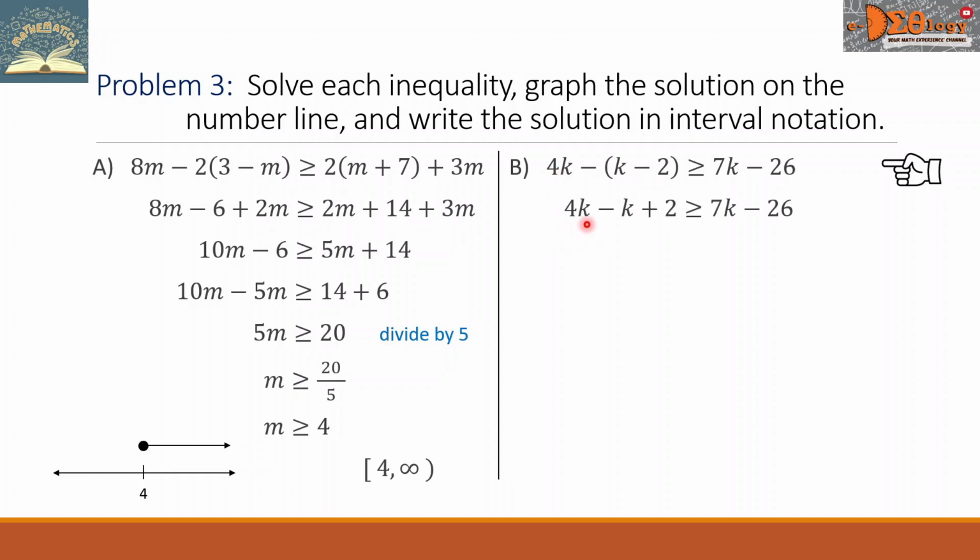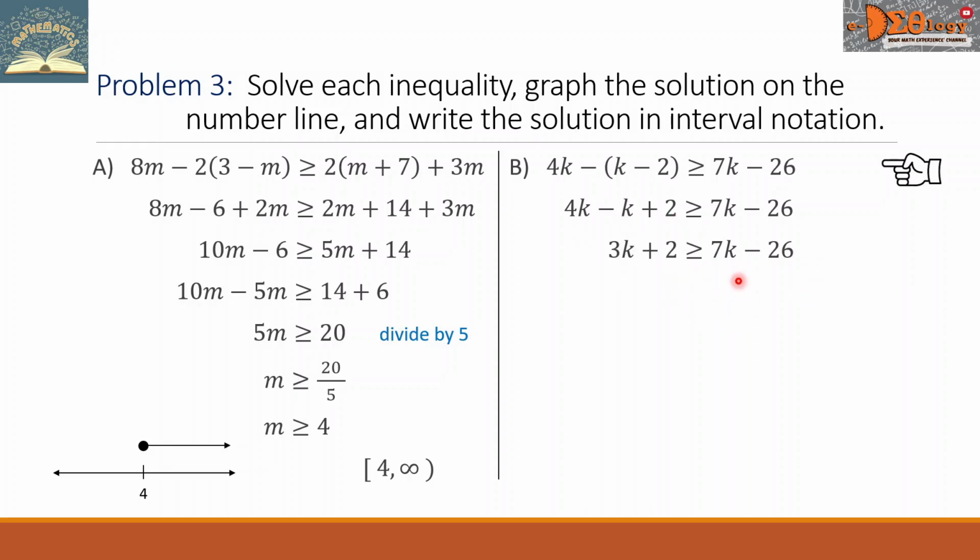So 4k, this k here becomes negative k, the negative 2 becomes positive 2. Then we copy this inequality, also the right side members. Let us now simplify the left side. 4k minus k is 3k plus 2.